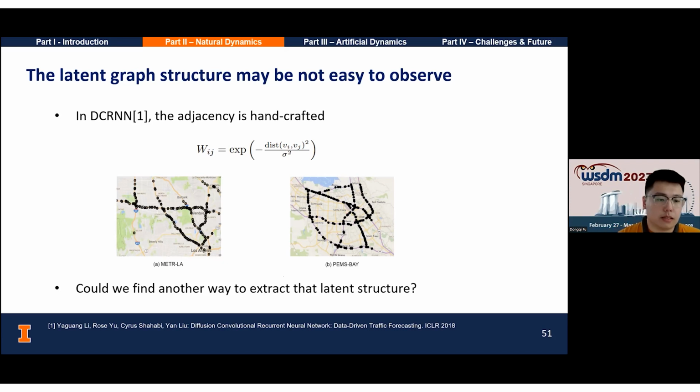If the distance is within a threshold, then these nodes are connected with the corresponding weights. If not, they are not connected. The next spontaneous question we may ask is: could we find another way to extract these latent structures instead of using this handcrafted one?